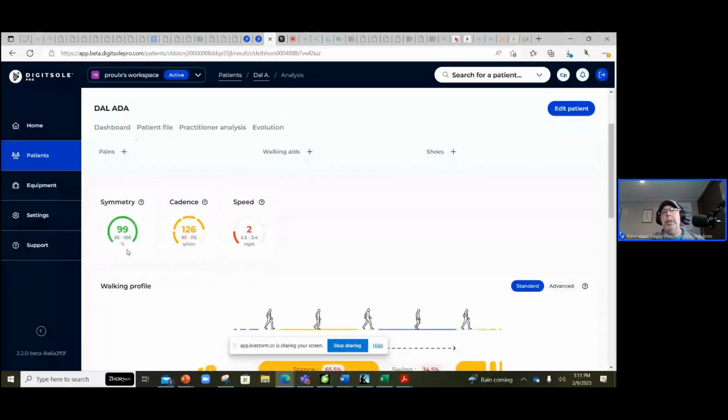We like to see not perfect, because that's somewhat unusual, but it's technically not the best thing either. We like to see some differences in symmetry as well as some variability even on the same side, because that means they have some buffer zone. They have an opportunity to respond to a changing environment, right?